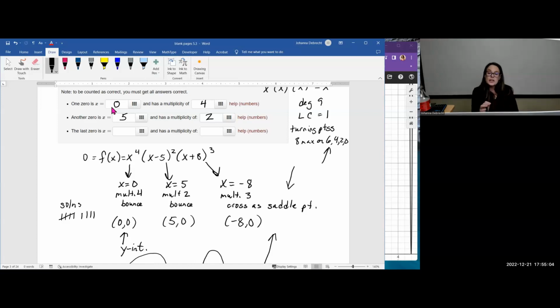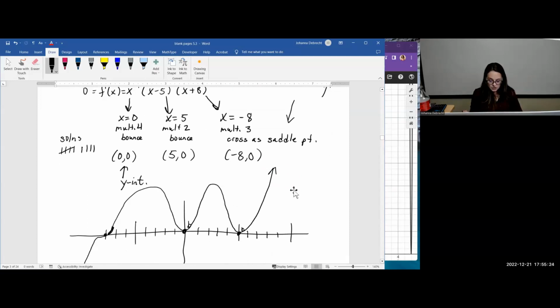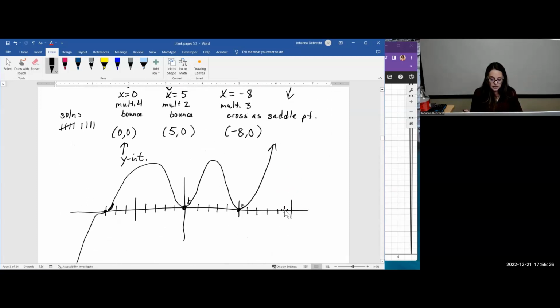Both of those are even, so it's going to bounce off of both of those and go up. Now, when I looked at the last factor, (x+8) to the 3rd power, that gave me x equals negative 8 with a multiplicity of 3, which means that it's going to cross at that point like a saddle point. So when I put this onto the graph, this is basically what I got.